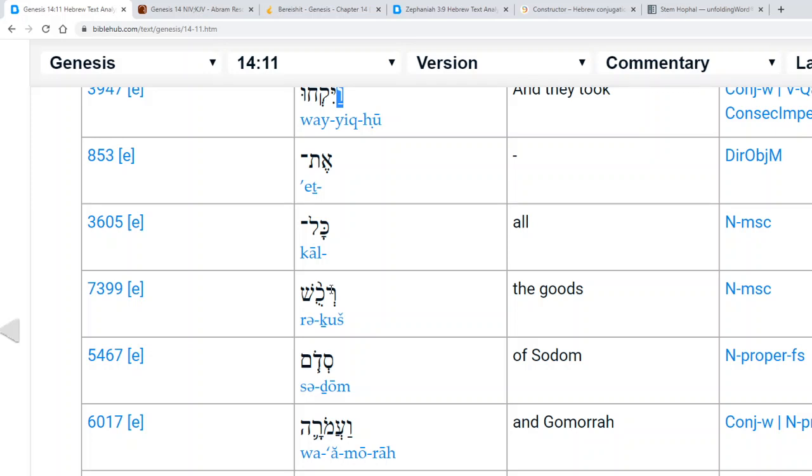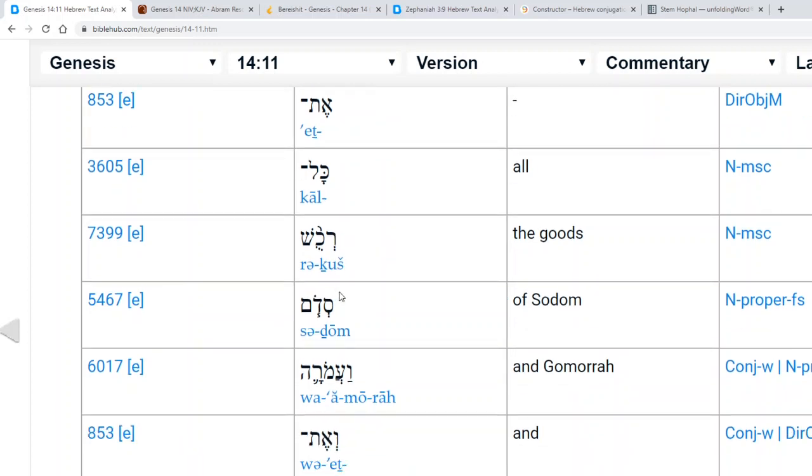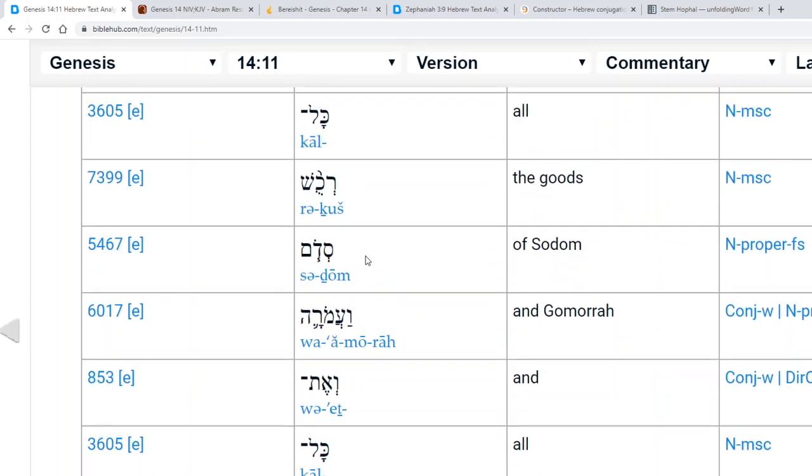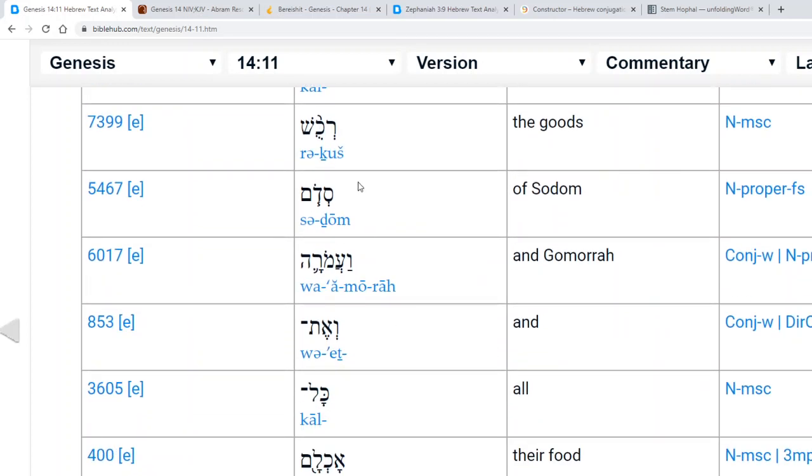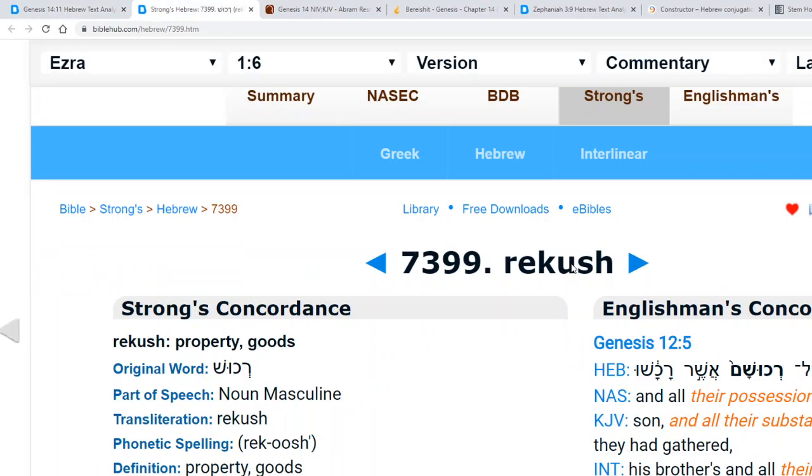Rechush is wealth. I think we had this before. It's written bechisaron here. Stom, all the goods of Stom. Yeah, I would say wealth of Stom, probably. I think we had rechush before. Resh, chaf, shin. Let's see here. Rechush.